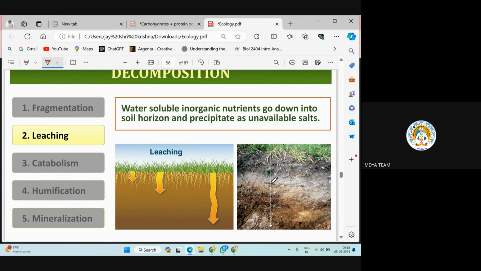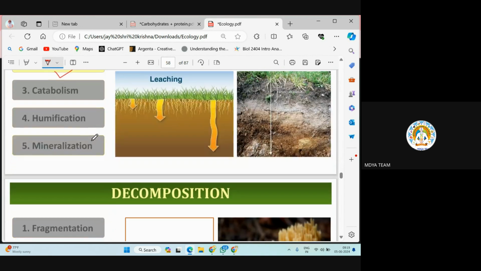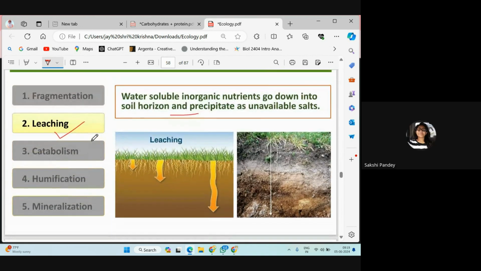Now the water soluble inorganic nutrients, all the inorganic things like carbon, hydrogen, sodium, phosphorus, all the nutrients that are soluble in water, because of solubility in water, they will go inside the soil, and this is known as leaching.